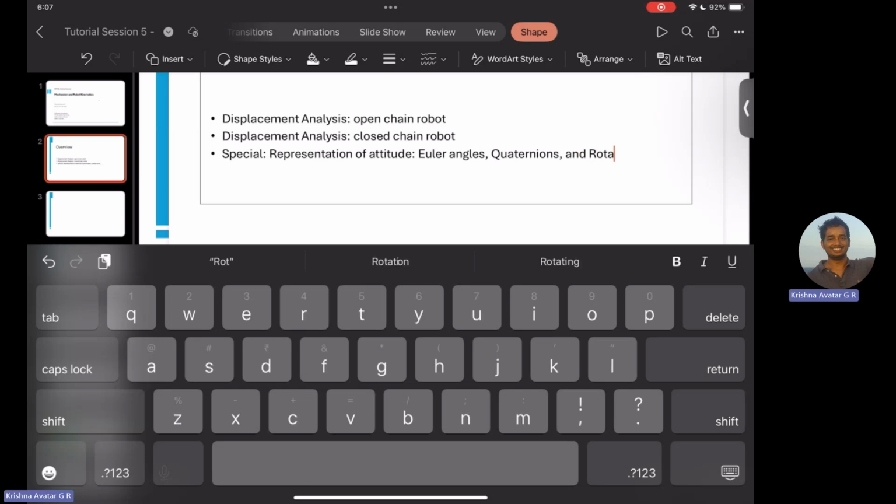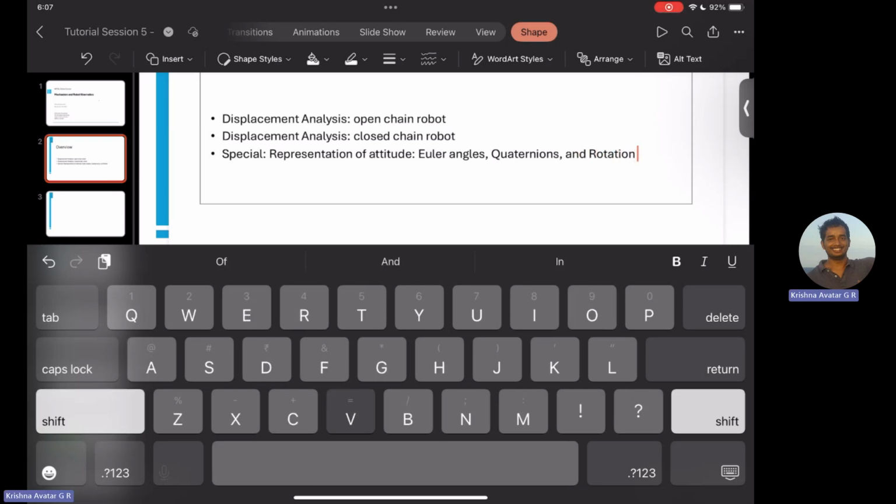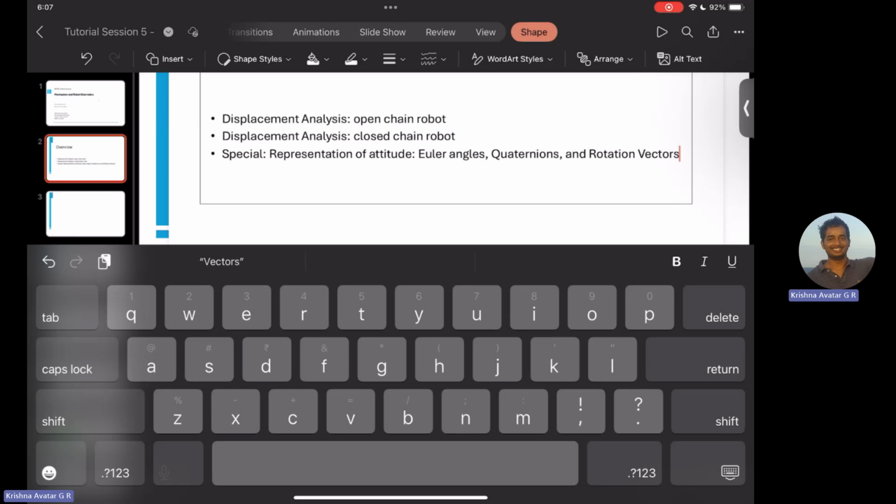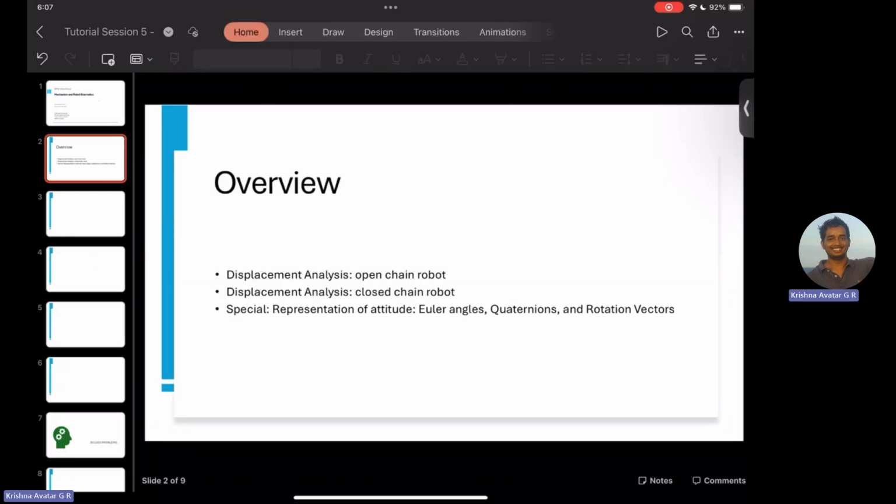So these are some things that we'll be covering in these sessions, which are slightly deviating from what is being done in the classrooms for the lectures corresponding to this course.